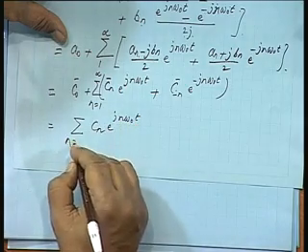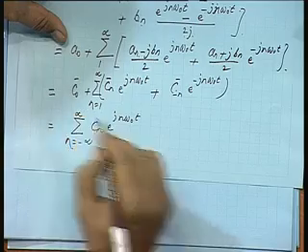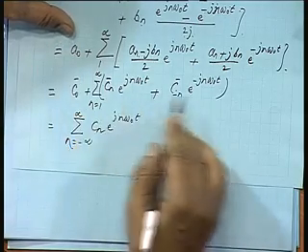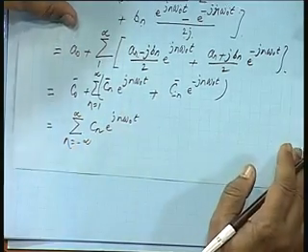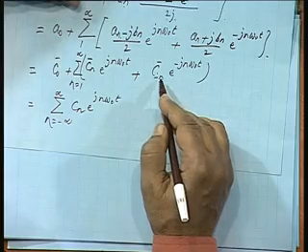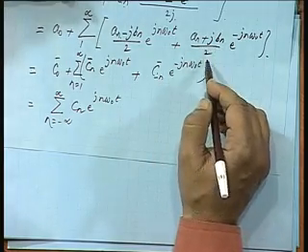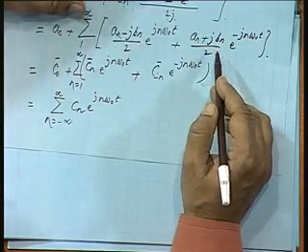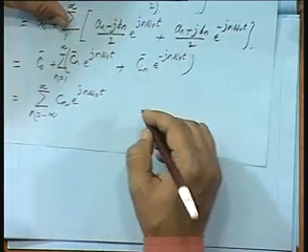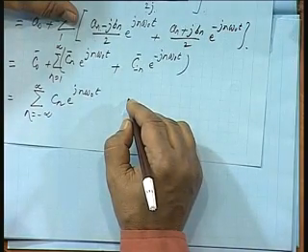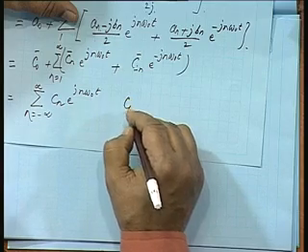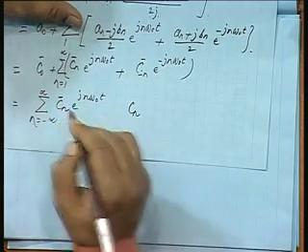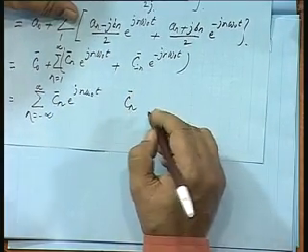So, one may write this as the sum of Cn e to the power j n omega naught t, n varying from minus infinity to plus infinity, where both of them are taken together, and C minus n means an plus j bn by 2, that is, the complex conjugate of this.